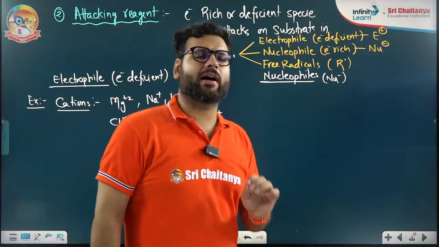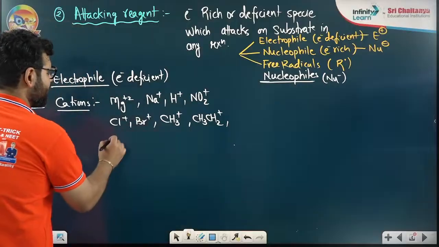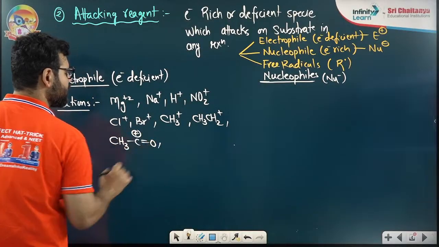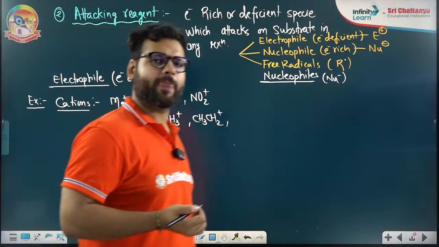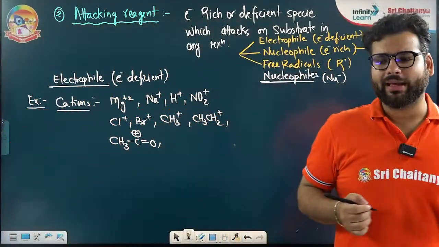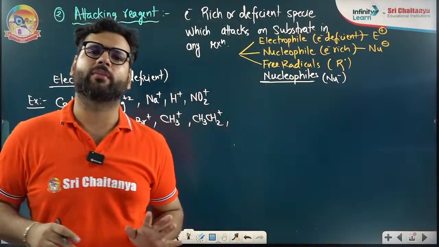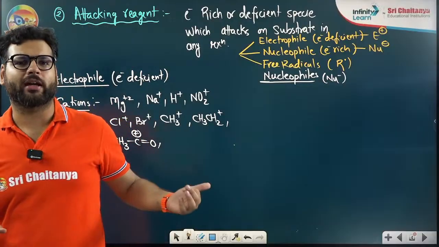Then comes Friedel-Crafts acylation. In acylation, RCO positive reacts. This is an acyl carbocation. Then we have sulfonation, where SO3 is the electrophile. It's not a cation.